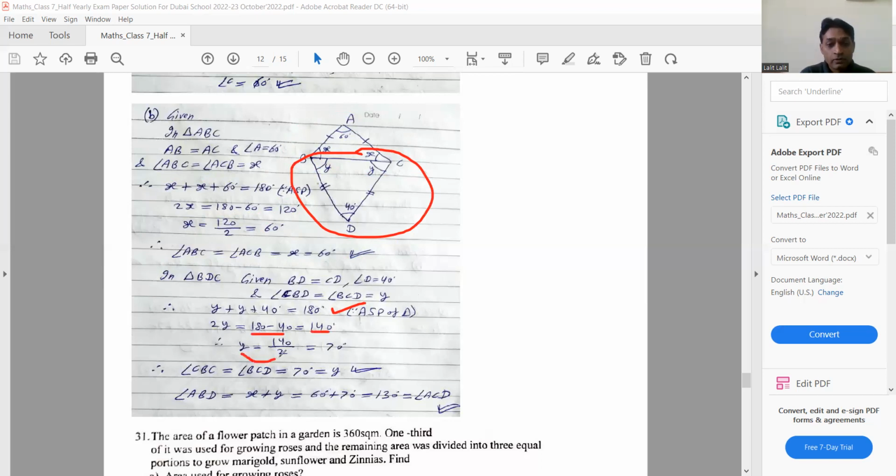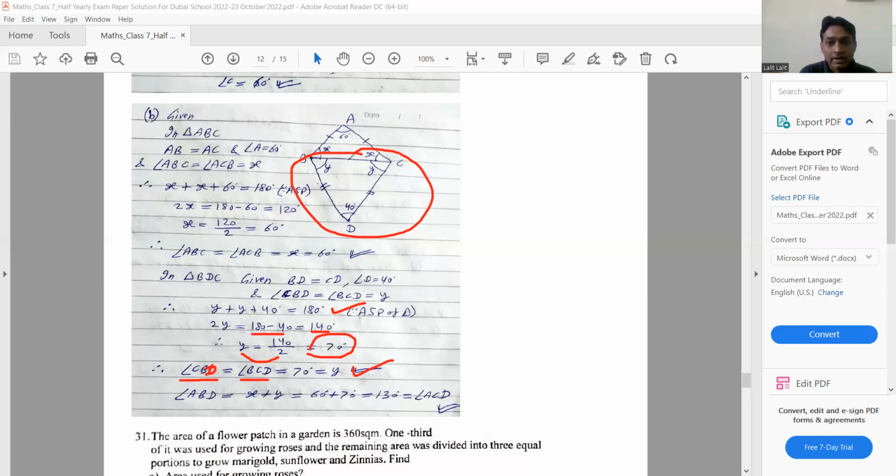So the value of y is 140 upon 2, which is 70 degrees. So angle DBC is equal to angle BCD, which is equal to 70 degrees, which is y. This is the answer of the second part.